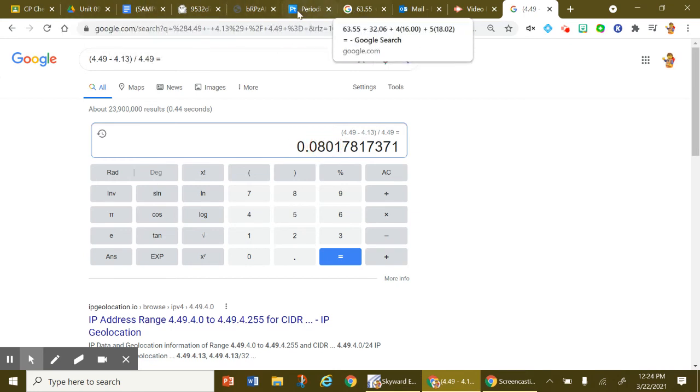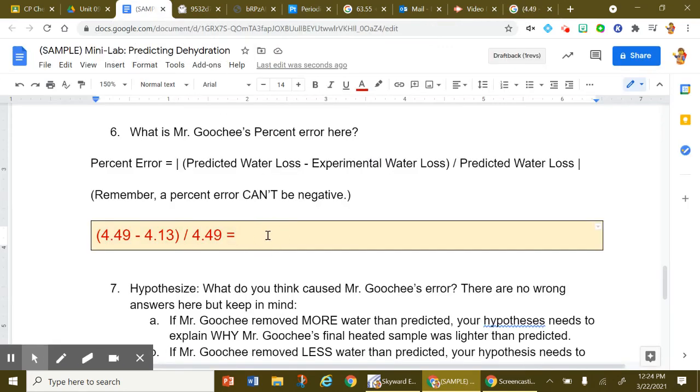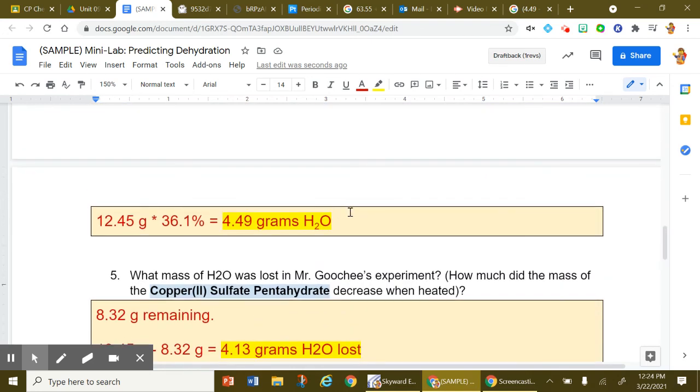So what we got here is 0.080. That's equal to, bounce this decimal over twice, 8.0% error. So in our case, the error here was 8.0%. So we predicted, hypothetically, we should have lost 4.49 grams of H2O.